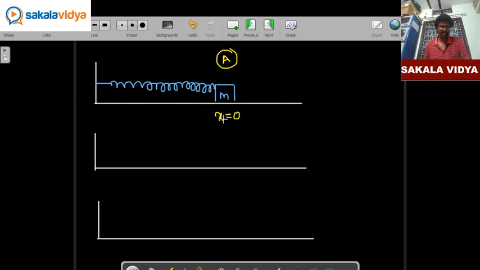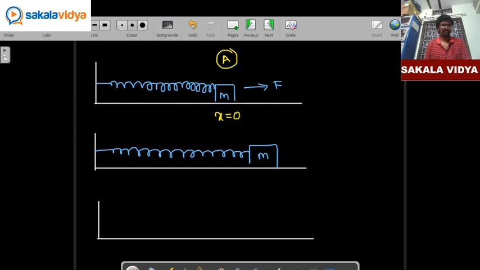As it is at rest, the displacement is 0. So when you apply some little amount of force on its right hand side, your spring is going to make some displacement from the position A to B. The displacement made by the spring is called x, where x is equal to 0 in the first case, that is rest condition. Initially it is at rest.